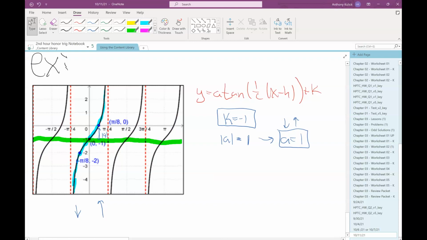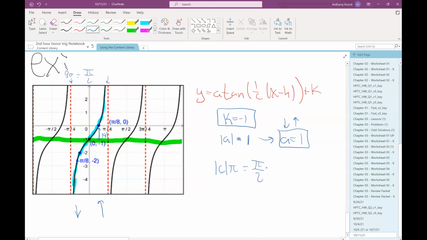The next thing I'm going to do is look at my period. So my period, I like to go from asymptote to asymptote. So that's negative pi over 4 to positive pi over 4. So that tells me that my period was pi over 2. And I know that pi times c is equal to 1 period.